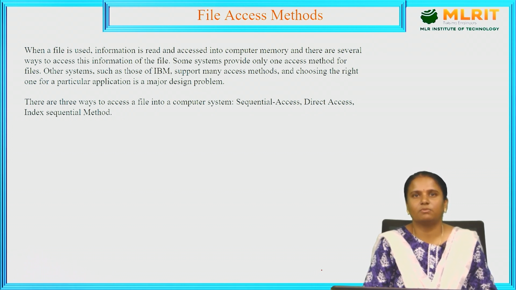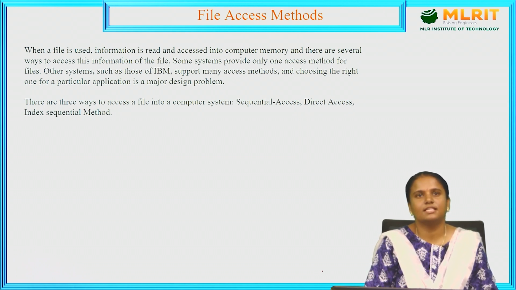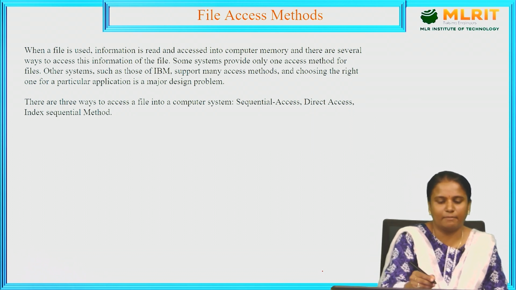Some systems provide only one access method for files, so whatever the requirements for the file, they can be accessed only in that way. Other systems, such as those of IBM, support many access methods.